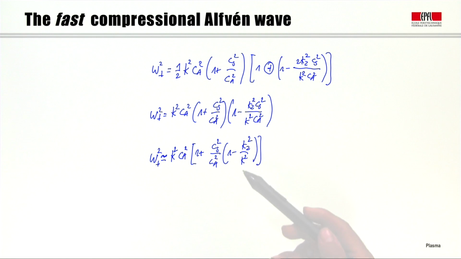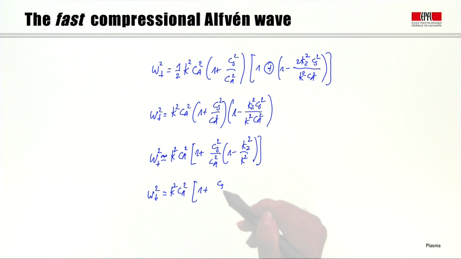And now we know that kz is k cos theta, so we can recast this last term. So this is the final dispersion relation for the plus root of the ideal MHD wave with a longitudinal component. We call this wave the fast compressional Alfvén wave.